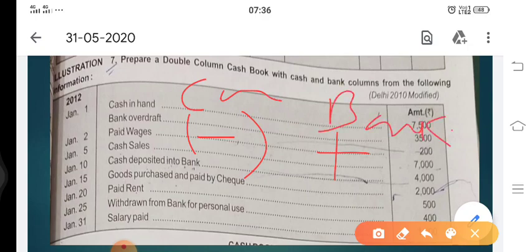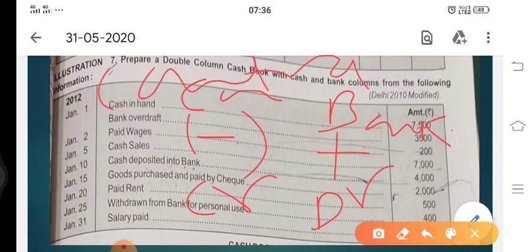So how should you give the effect? Very important, it should be remembered very clearly. Since bank got increased, bank will be debited, and cash got decreased, it will be credited. And this entry is termed as contra entry.